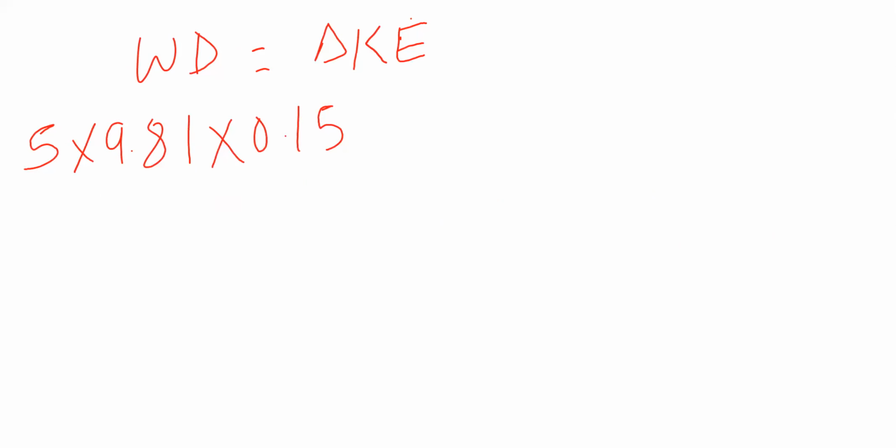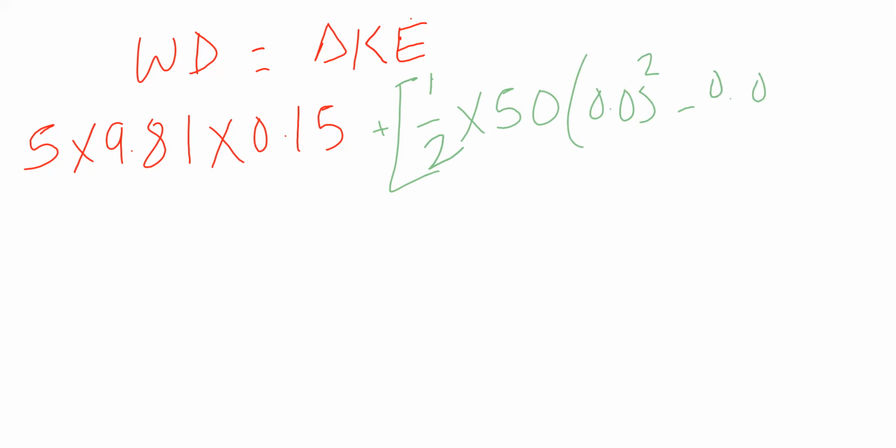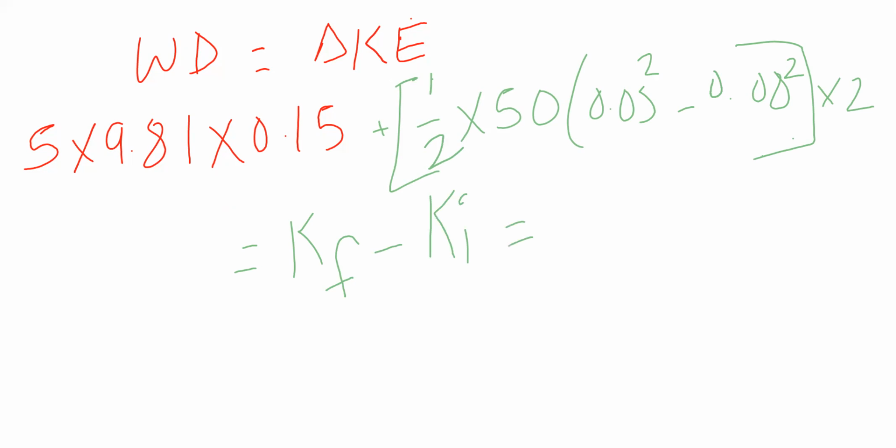Next will be the work done by the spring. It will be half of k, that is 50, into x1 squared minus x2 squared, that is 0.03 squared minus 0.08 squared. That will be multiplied by 2 because we have two springs, and that will be equal to the change in kinetic energy of the particle, final kinetic energy minus initial kinetic energy. Since the final is equal to half m v squared, that is 5 v2 squared, minus 0.